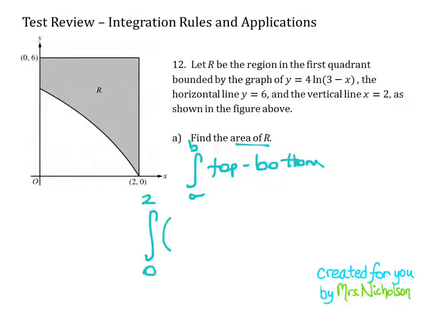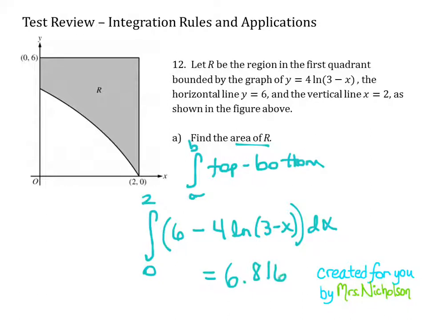The top here would be 6 minus the bottom, and that's 4 natural log of 3 minus x, dx. And then you do have a calculator. You can just enter that into your calculator, and if you do, you should get the answer 6.816 with 3 decimal places.